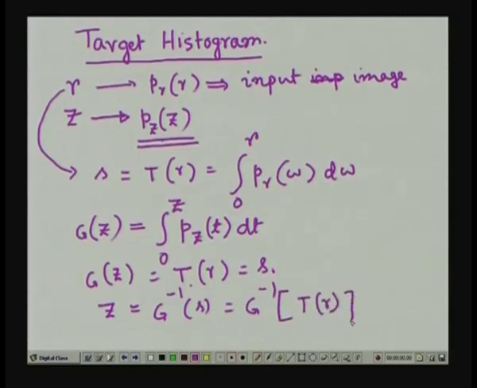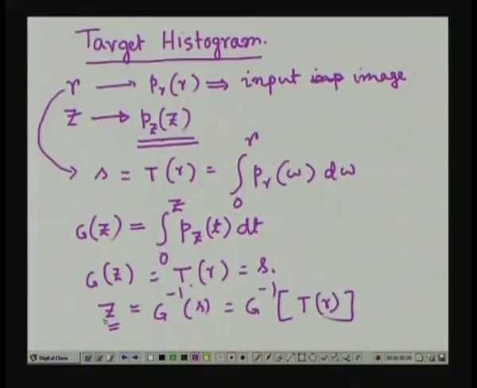So, you find that the operations we are doing are, firstly, equalizing the given image using the histogram equalization technique. We are finding the transformation function G(z) from the target histogram that has been specified. Then this equalized image is inverse transformed using the inverse transformation G inverse(s). And the resultant image is likely to have a histogram which is given by this target histogram p_z(z).